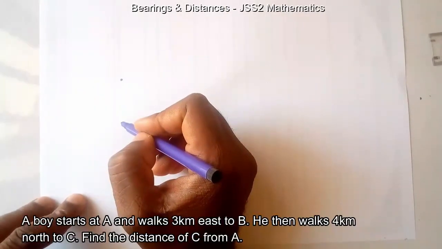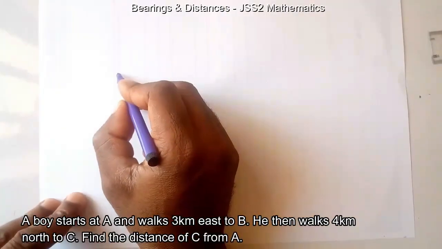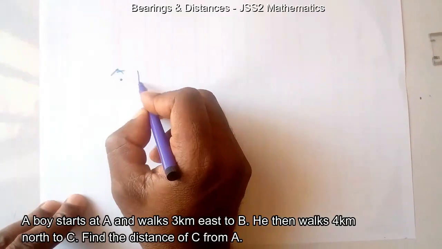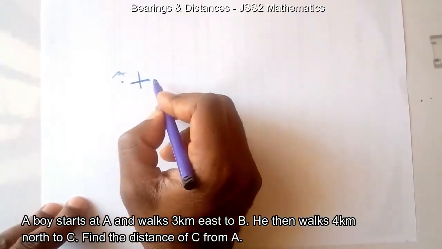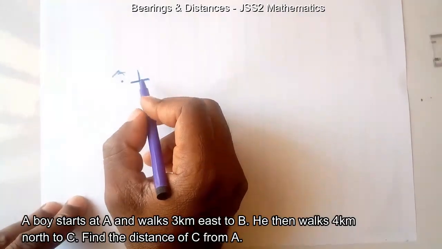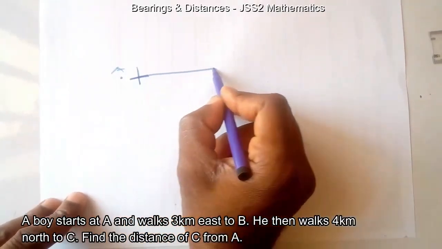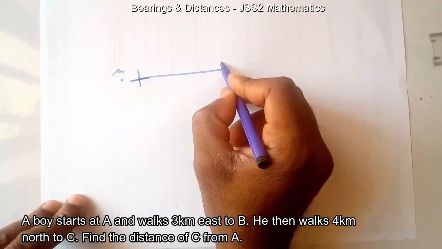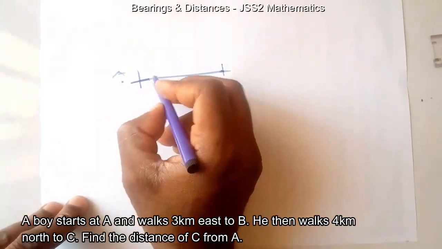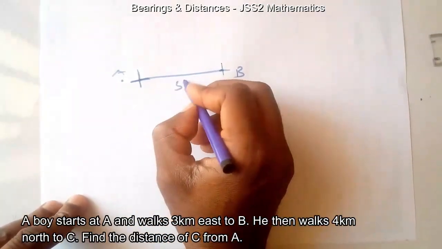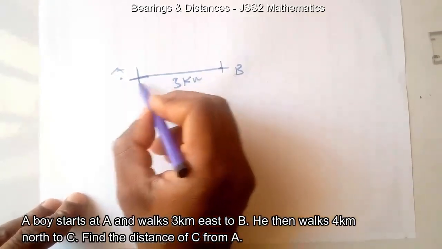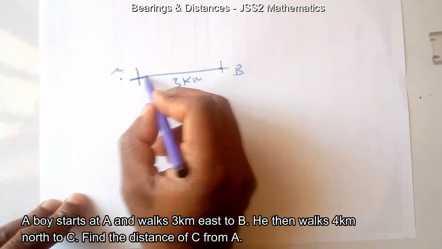He starts from point A. Let us name this point A, and at any point we must have these 4 cardinal points. He walks 3 kilometers due east to B. This is north, this is east, to B.